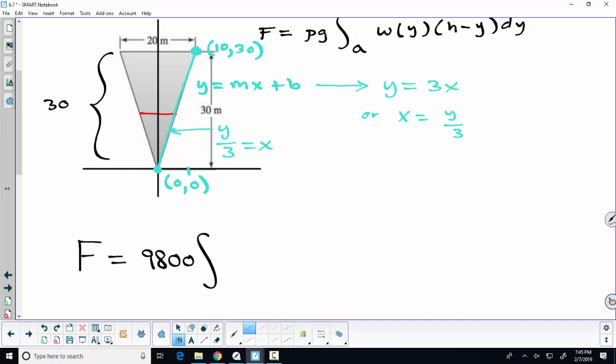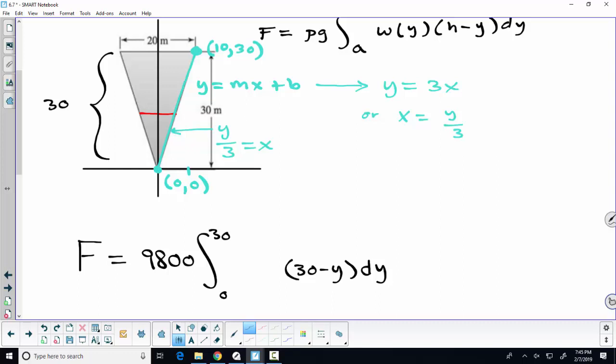All right, the bounds go from where to where? 0 to 30. The h minus y is what? 30 minus y. Yeah, 30 minus y.